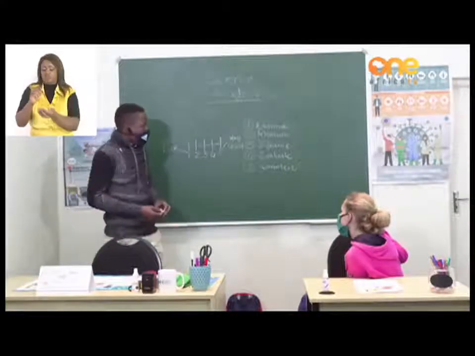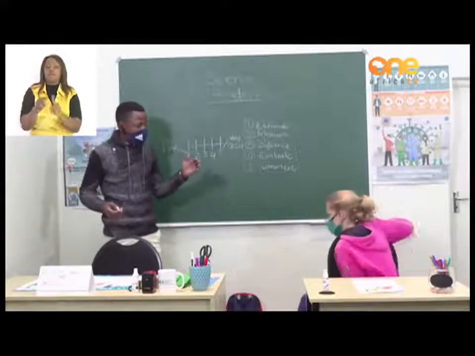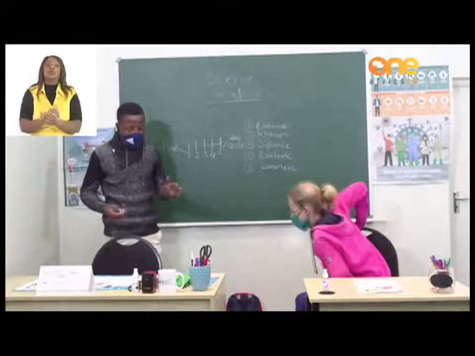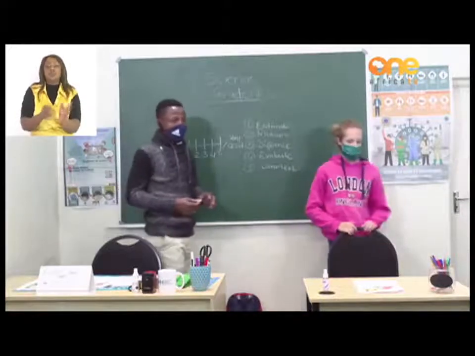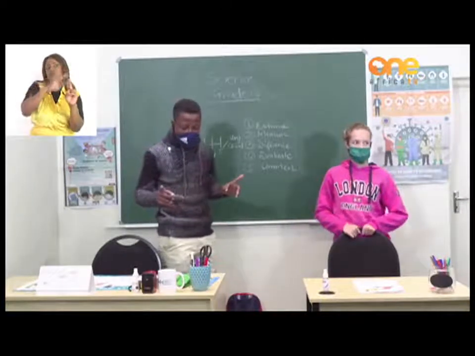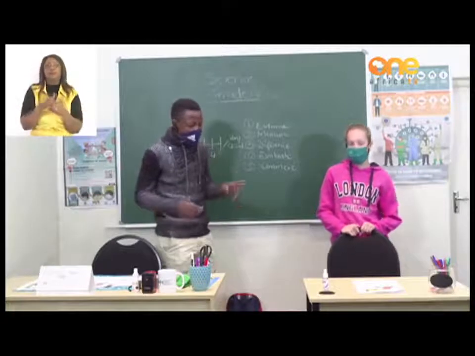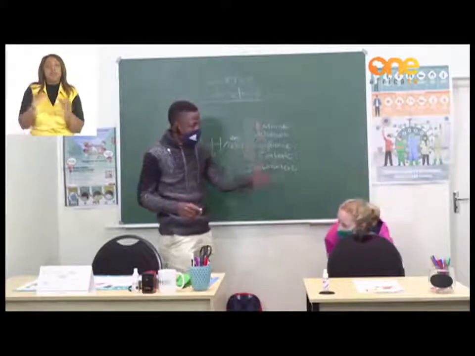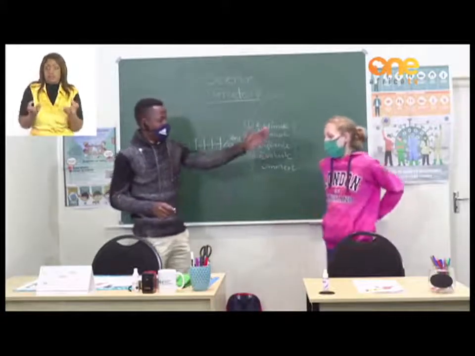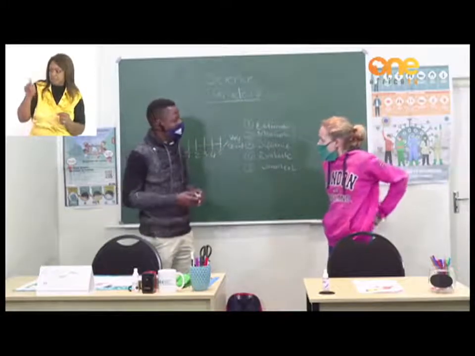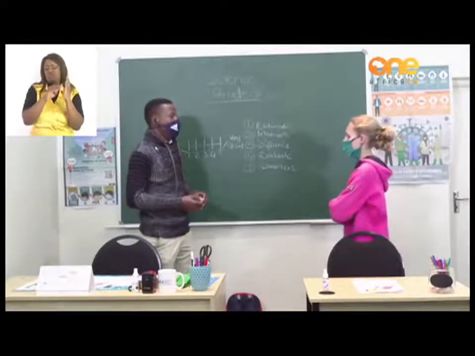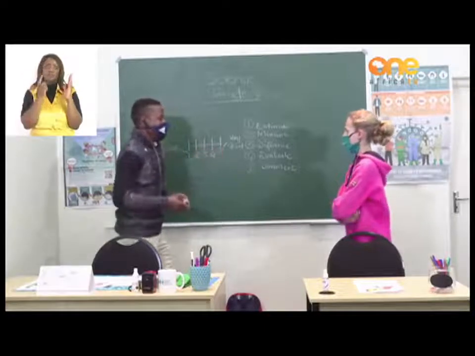So we need to do a measurement here. For the height first, but before we do the measure, I need to do the estimate, which is to look at her height and give a better guess. You just need to stand straight.